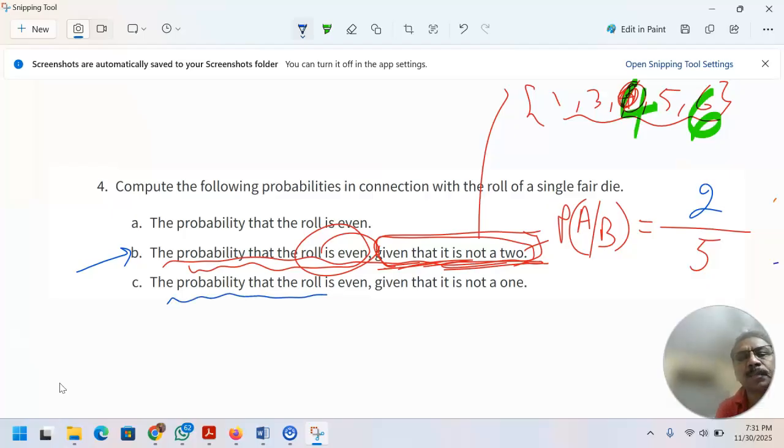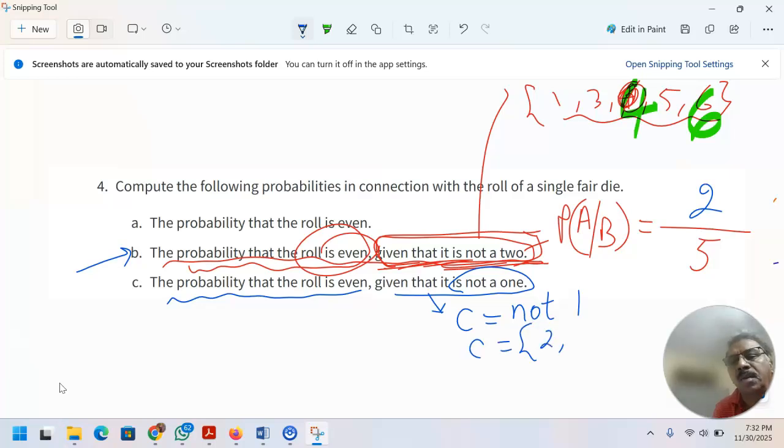Next is, what is the probability the roll is even given that it is not 1? Now let's call C another new event, where the roll is not 1. So if it is not 1, basically the number that shows up on top of the dice has these possibilities.